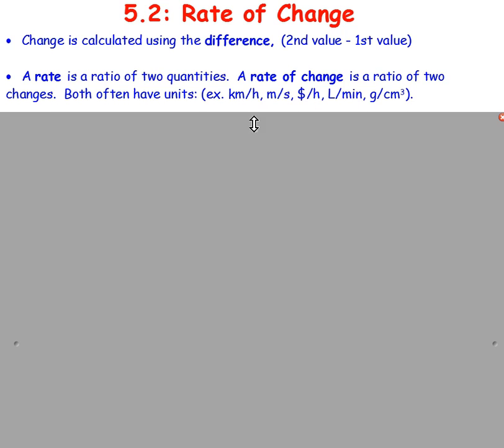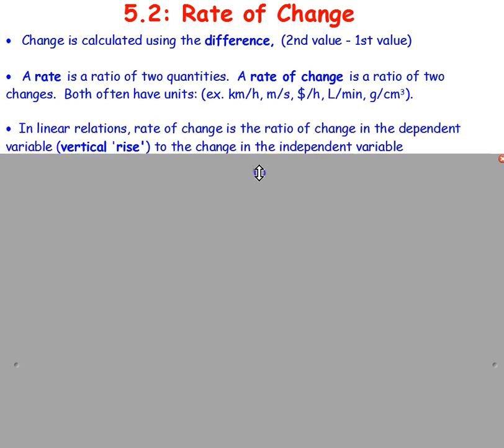It could be differences in how much fuel we consume in a race car for every minute that it's on the track. Could be differences in density of a liquid as it cools, in how much weight is occupied in a given amount of volume. So all of these units remind us that with rate of change, we're not just comparing quantities, but we're comparing quantities with units.